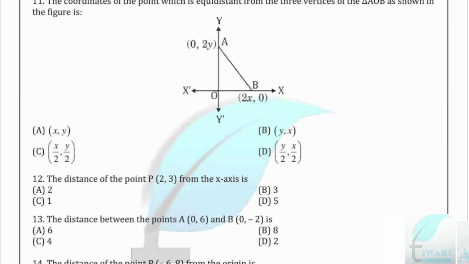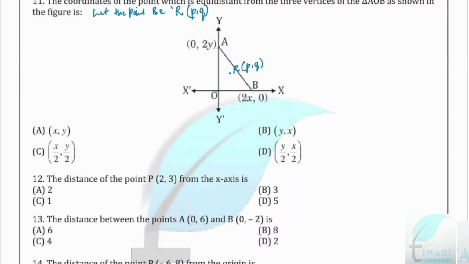So let the point which is equidistant be any point. Let it be R. So R with coordinates P comma Q. So R is having P comma Q as coordinate.